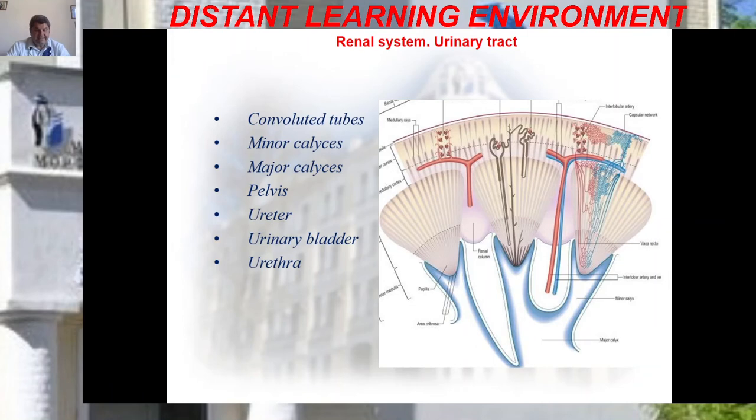Lesser calyces, you may see them here, or minor calyces, calyces renales minores, about 8 or 9 in number, and enclose 1, 2, rarely 3 renal papillae, with the end draining into one of the major calyces with the others. There are usually 2 greater calyces. You may see major or greater calyces.